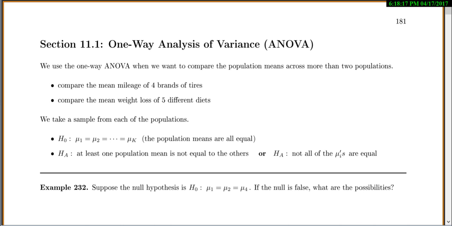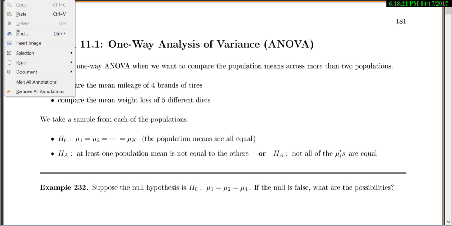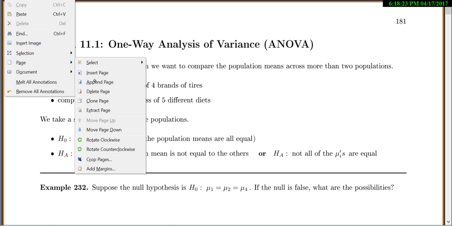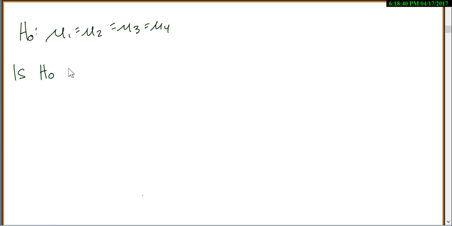So let's actually look at a new page. Let's put a new page in here and look at what this can mean. So the null hypothesis is that the first mean equals the second mean equals the third mean equals the fourth mean. And let's consider, if the null hypothesis is false, what are the options?